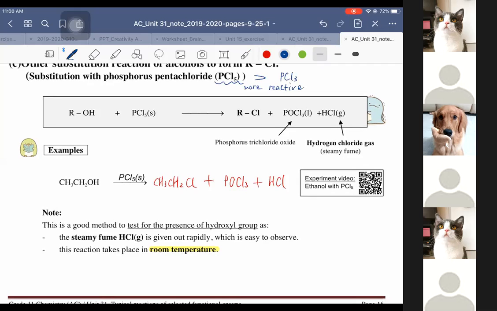And also, it gives you an observable change. A steaming fume will be formed. So this is a good way to test for the presence of a hydroxyl group, because you can easily do it at room temperature and you can see an observable change.